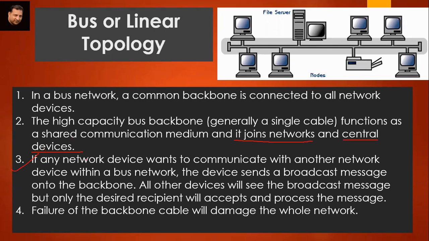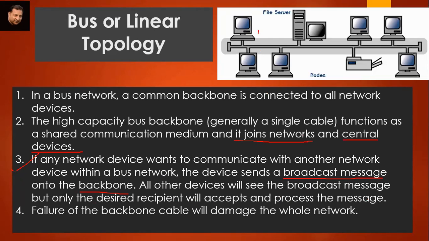Third point, if any network device wants to communicate with another network device within a bus, the device sends a broadcast message onto the backbone. All other devices will see the broadcast message, but only the desired recipient will accept and process the message.